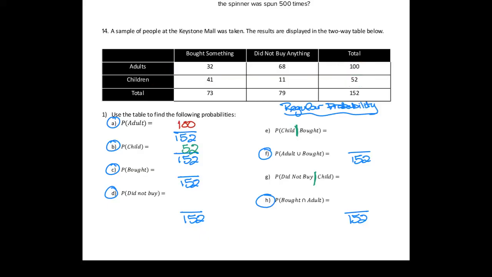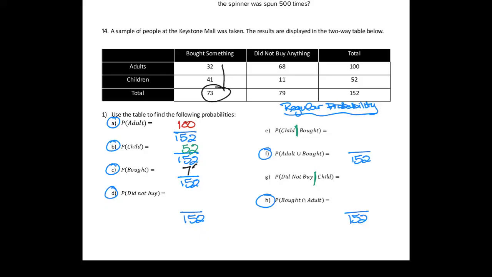All right. So now we're going with the columns. The probability of someone that bought something from Keystone Mall. What is that numerator? 73.